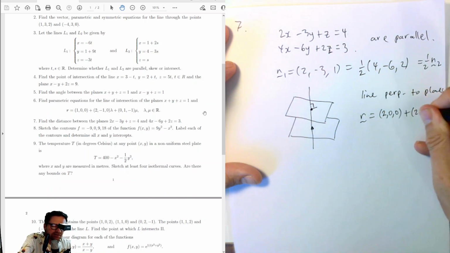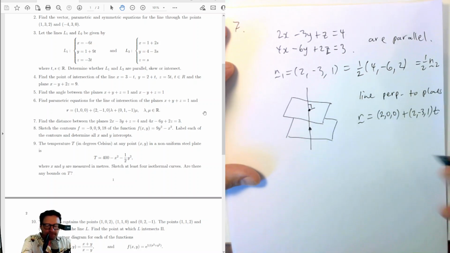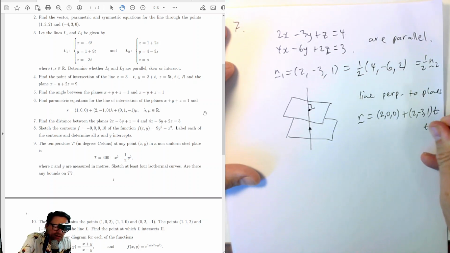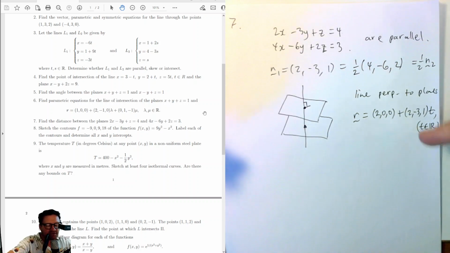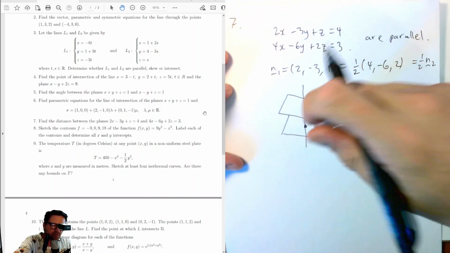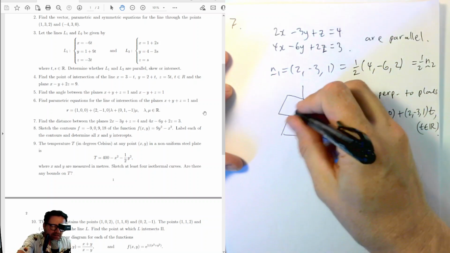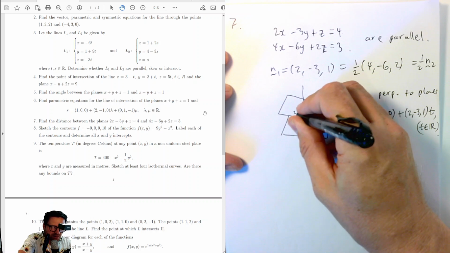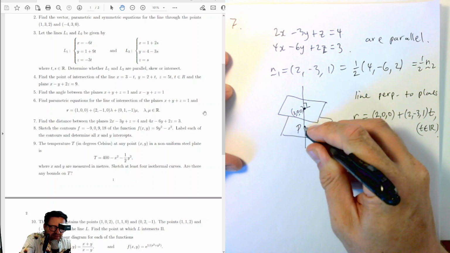And then we take (2, -3, 1) times parameter t, where t is any real number. Okay, so this gives us a vector equation of the line perpendicular to both of these planes passing through (2, 0, 0). So this one right here, let's call that point P.